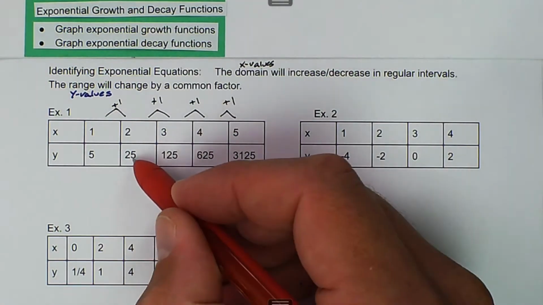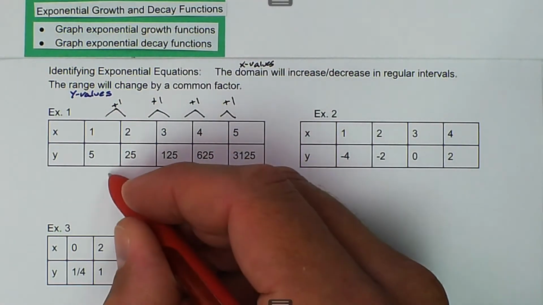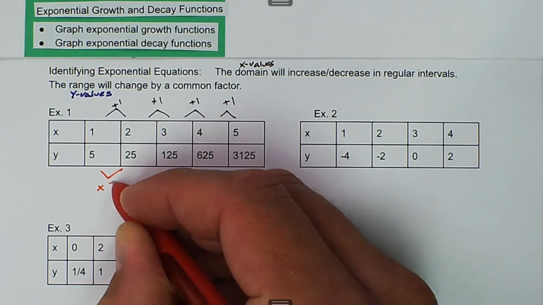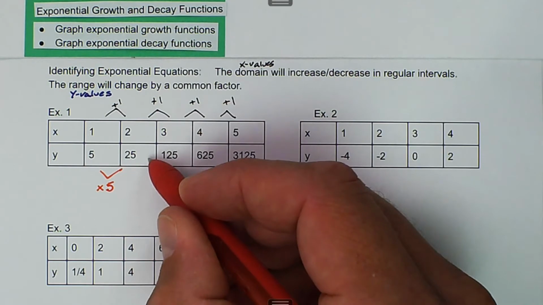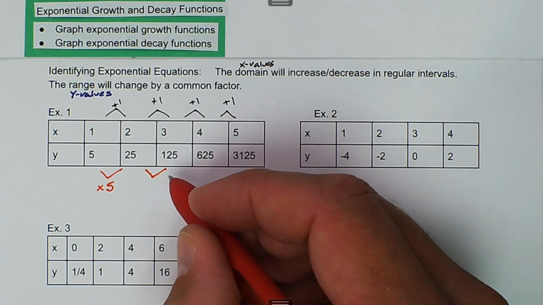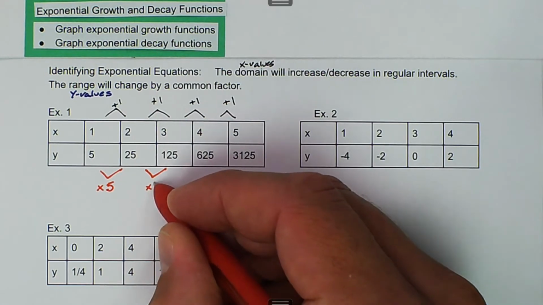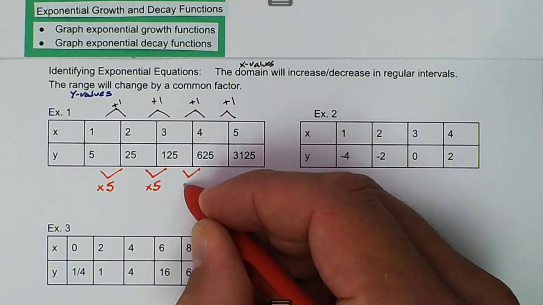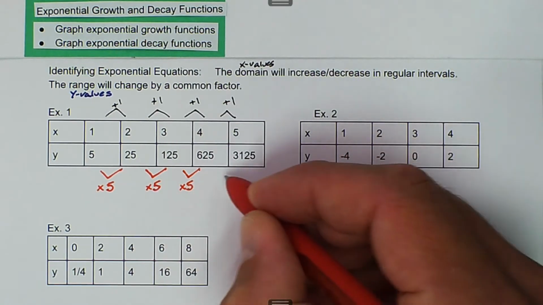So how do we go from 5 to 25? Well, in this case, we have to multiply by 5. 5 times 5 is 25. As we go from 25 to 125, again, we are multiplying by 5. 125 to 625, we are multiplying by 5.